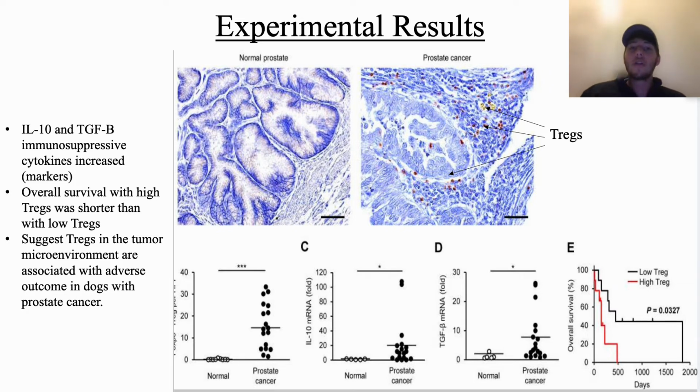Also, the graph on the right shows that overall survival with a high amount of regulatory T cells was shorter than with a low amount of regulatory T cells. So this suggests that regulatory T cells in the microenvironment are associated with adverse outcome in dogs with prostate cancer.